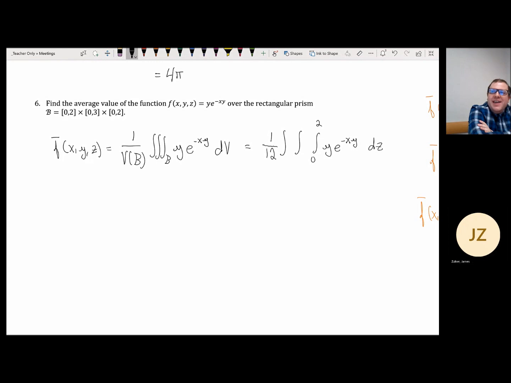If we do dy next, it's going to be integration by parts. If we do dx, the partial of negative xy with respect to x is negative y. We have a y. So the more convenient order would be to do dx and then dy.